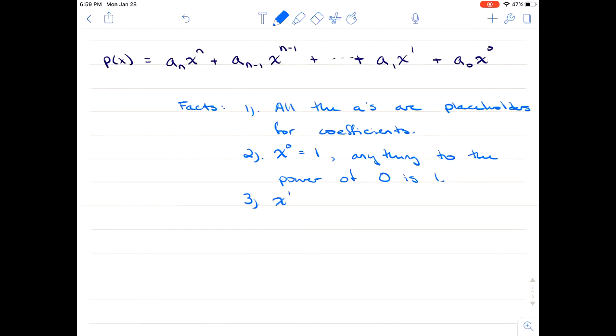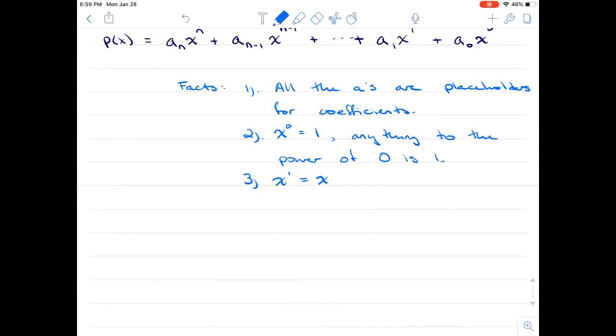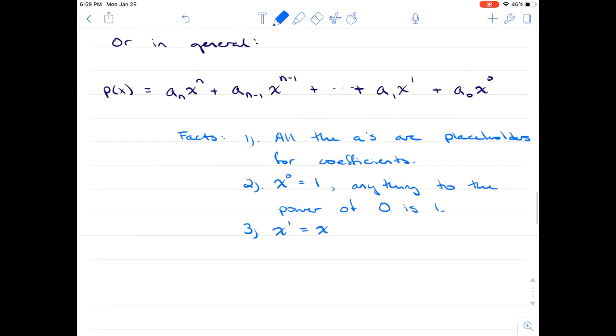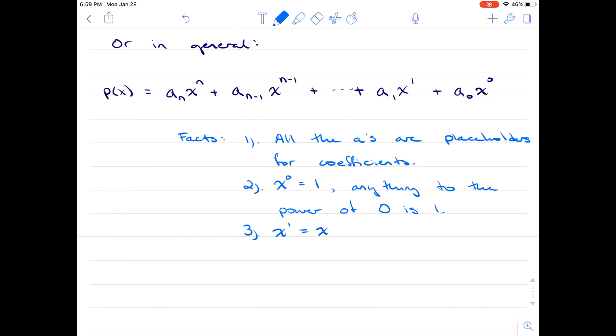And x to the power of 1, we can just rewrite as x. It's a little bit cleaner. So we can clean up this general function a little bit, especially the tail end, and just do a subscript 1 x plus a subscript 0, because it's just times 1.